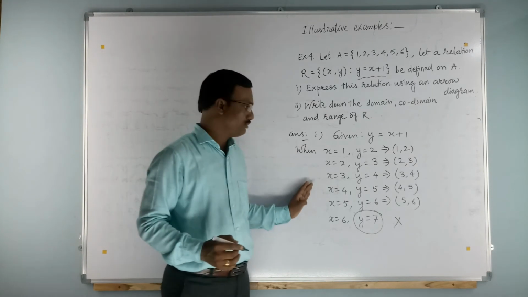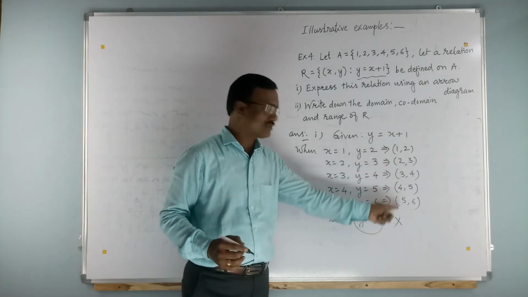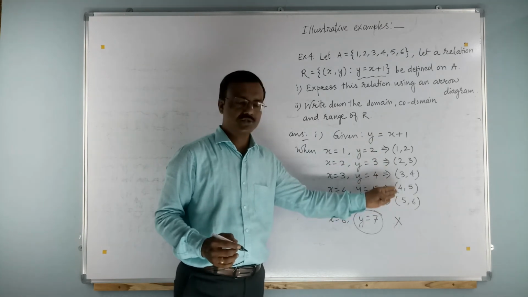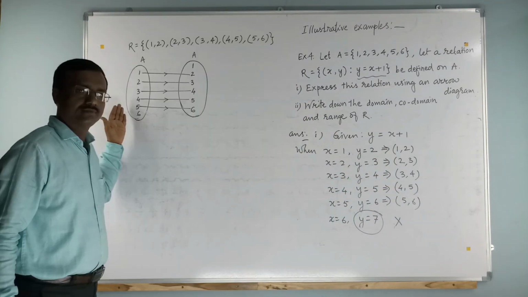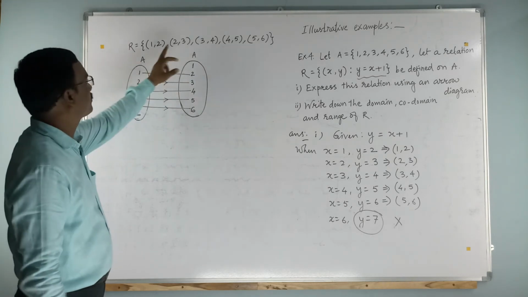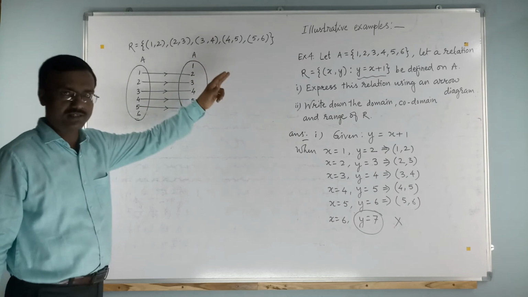So how to depict this relation? These are the pairs in the relation, right? So these pairs are to be shown in the form of a diagram. The actual relation R has these pairs: 1, 2, 2, 3, 3, 4, 4, 5 and 5, 6.